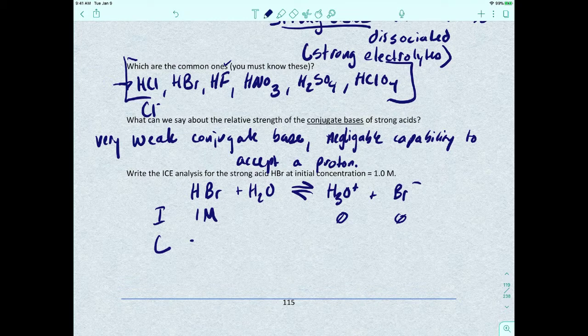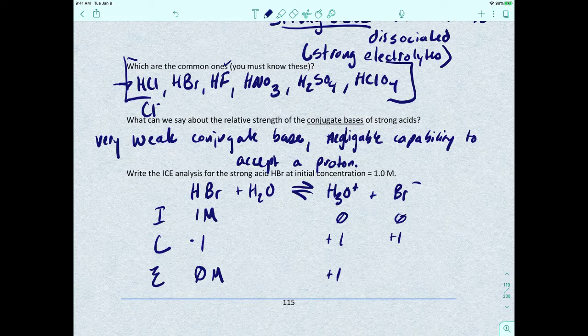Because a strong acid is going to completely dissociate, at equilibrium there is going to be no concentration of HBr left. So the concentration of H3O+ is going to go up by 1 molar, and the concentration of Br- is also going to go up by 1 molar, so that at equilibrium there's virtually no HBr left.